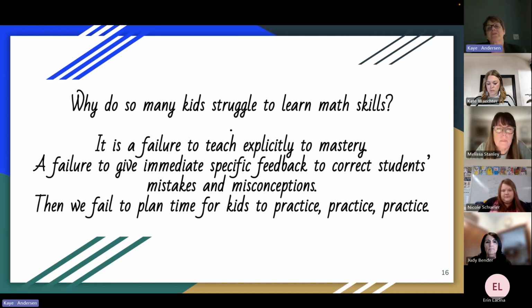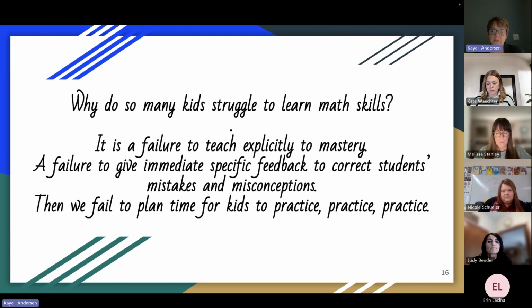Why do so many kids struggle to learn math skills? Well, we don't explicitly teach it till we're confident that they've reached mastery, and or we haven't given them enough feedback so that we correct any mistakes or misconceptions they have. But I think the last part is the most important.